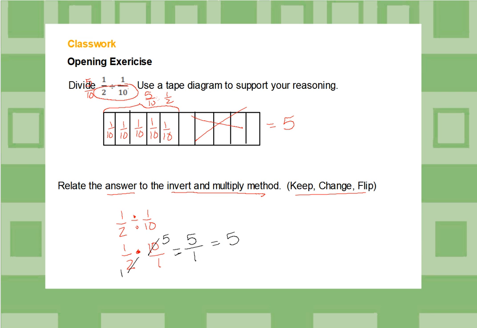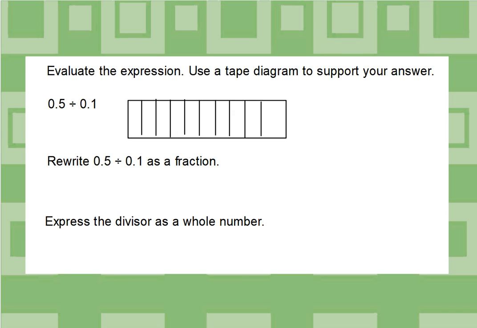Now, let's keep that in mind as we go to the next one. The next one says evaluate this expression and use a tape diagram to support it. Now we have decimals. So if we're looking at this, I still did it because this is in the tenths spot. So I still made 10 boxes. And then with each one of these, I know that since I made 10, each one of these is worth a tenth.